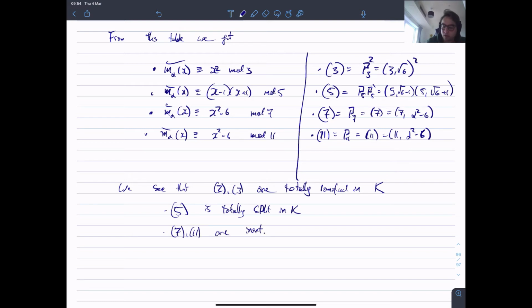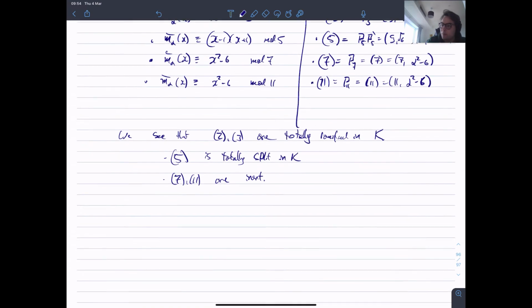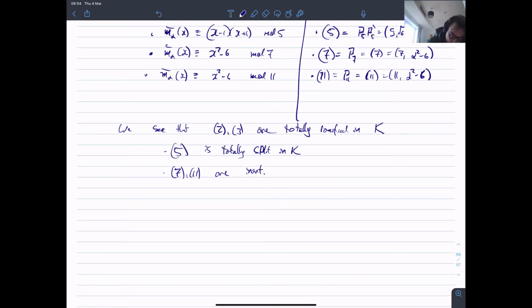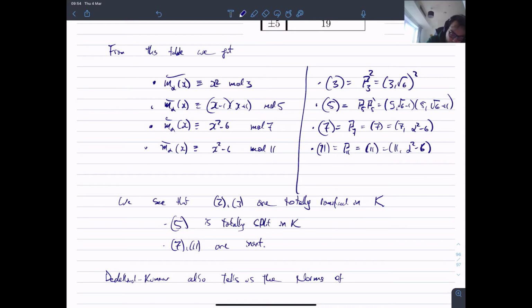But we know a bit more about this because the theorem was also telling us not only the ramification degrees, but it was telling us the residue degrees. So I'm just going to highlight that the Dedekind-Kummer theorem also tells us the norms of each of these prime ideals showing up in these factorizations.